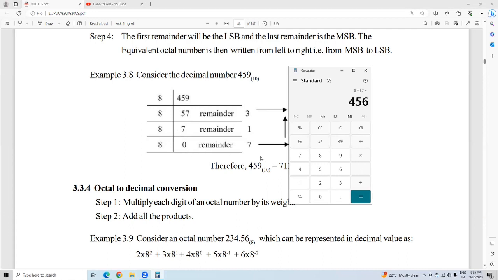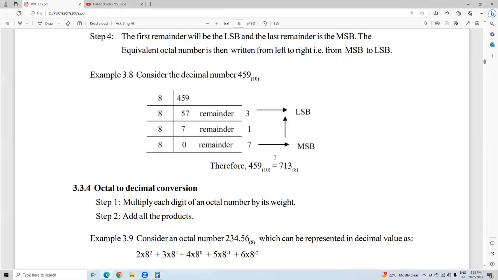So here the remainder will be 7. The same quotient will be written as the remainder. So 7 is the MSB and the first remainder we got is the LSB. Hence the 459 decimal number, its equivalent octal number is 713, 713 base 8, right?